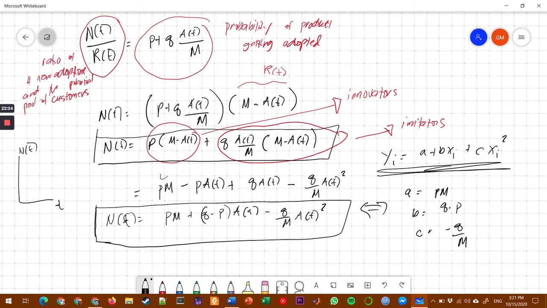Time and time again there is data from the market or from the business sector where they have found out the typical value of q and the typical value of p.